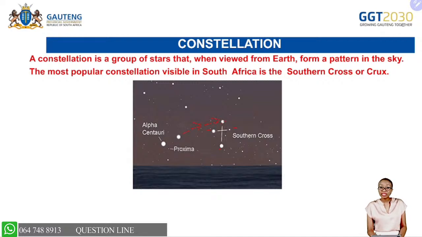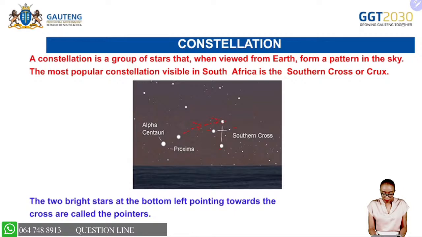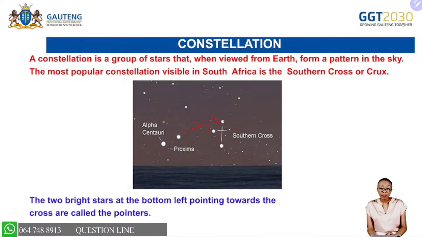They are also stars that are next to the Southern Cross. These stars are very bright and they are found at the bottom left of the Southern Cross, and they are pointing in the direction of the Southern Cross.